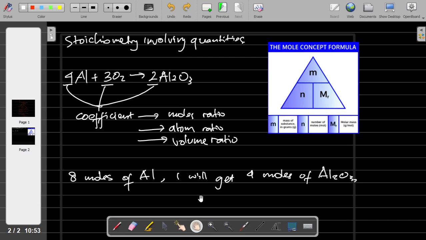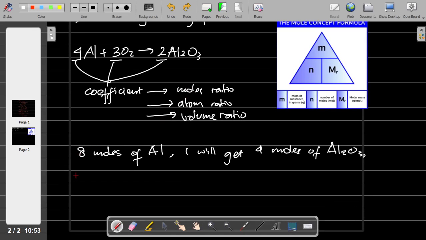Or atoms, let's say I have 16 atoms of Al, plus 12, because it is multiplied by 4, so I have to multiply every coefficient by 4, so plus 12 atoms of O2.